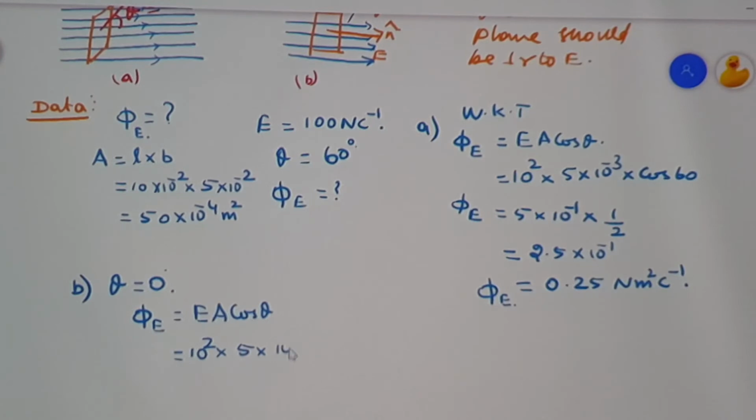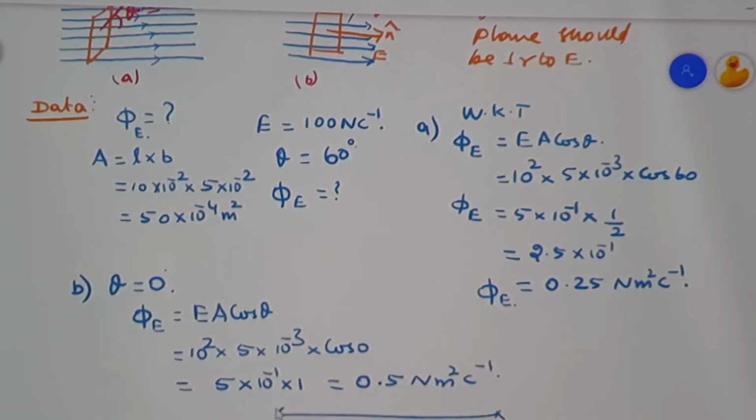A is 5 into 10 to the power of minus 3, into cos 0. Cos 0 is 1. So 5 into 10 to the power of minus 1 into 1, which is 0.5 Newton meter square per coulomb. So this is problem number 1.17.